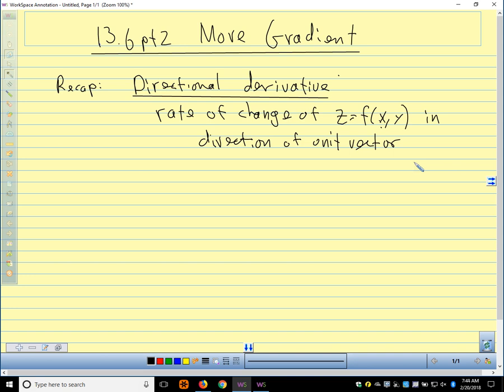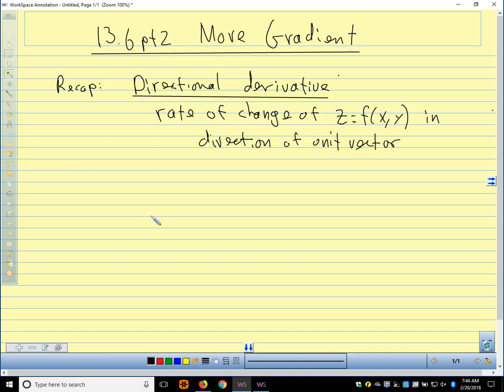So that was one of our big ideas from last time. We came up with a process for calculating the directional derivative, and we used an argument that was based on essentially parameterizing our vector in terms of its arc length.